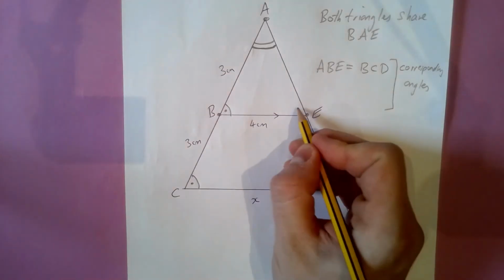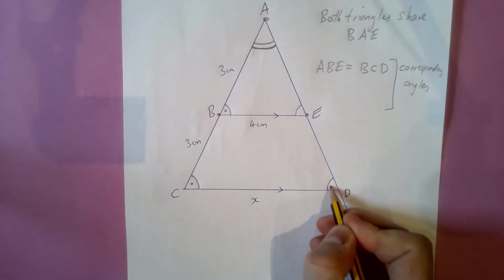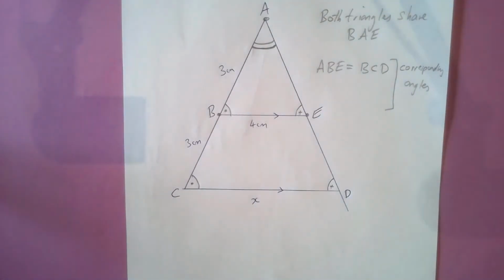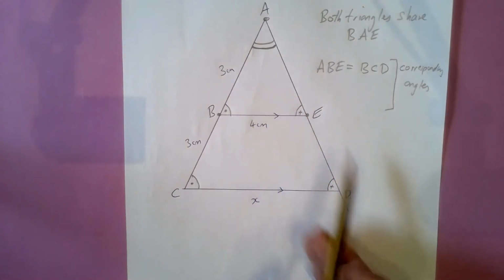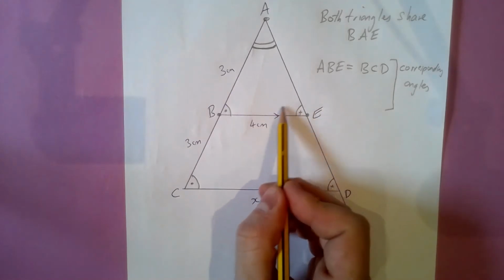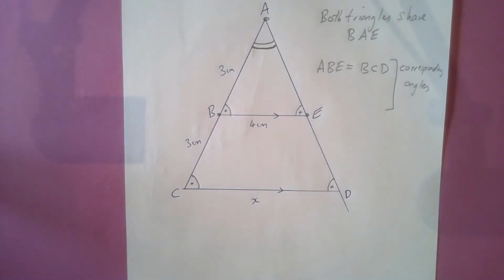Similarly, this angle and this angle are corresponding as well for the same reason. We've got parallel lines along the bottom, so this angle is copied up here. So all three angles of the triangles are the same, so we must have congruent or similar triangles.